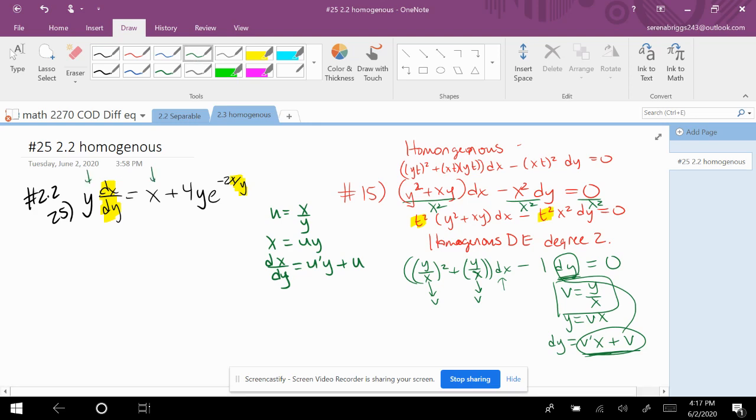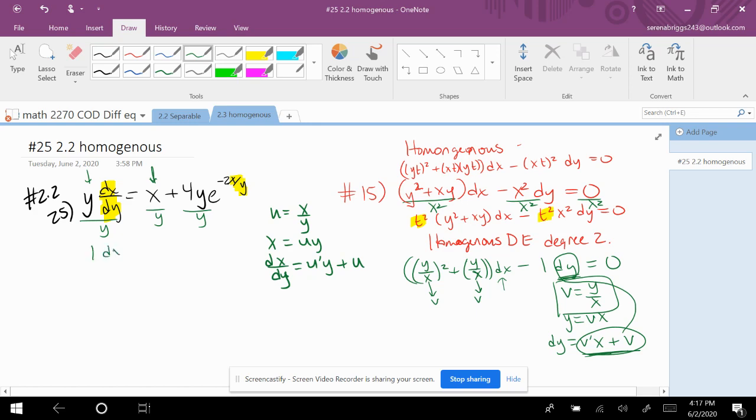I'm not going to do my substitution yet, though, because I've got this x and this y, and I really need everything to disappear besides the y's. So I'm going to divide every term by y first before I start my substitution.